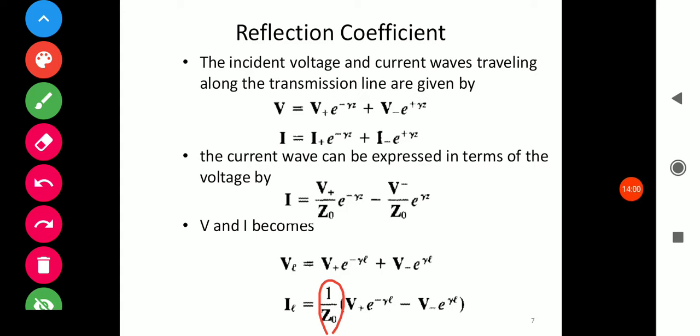VL and IL. What is L? I generally take anything with reference to the receiver. The receiver is at distance L from the source, so Z is equal to L. If I substitute Z equal to L, then I am at the receiving point, at the load side.